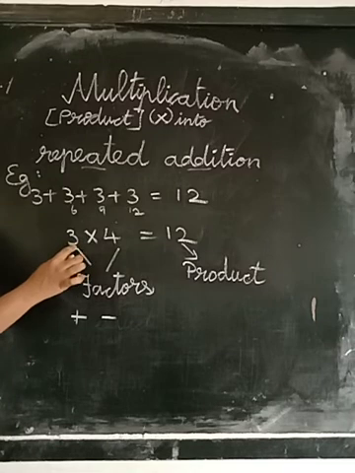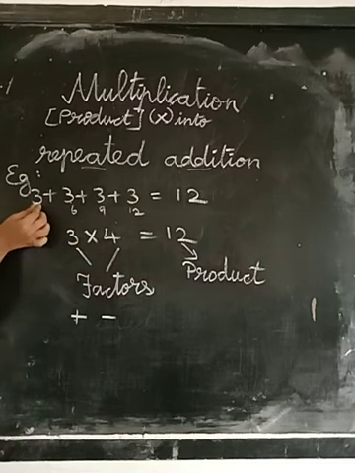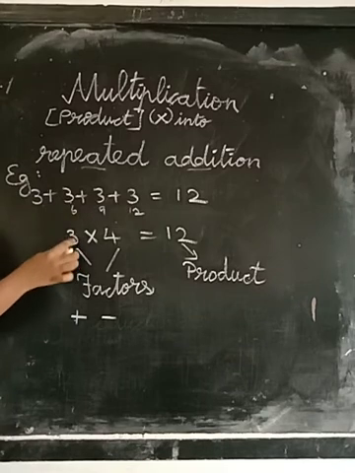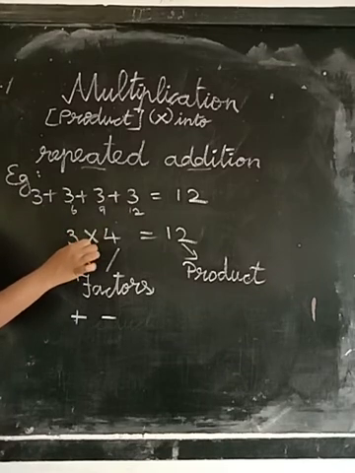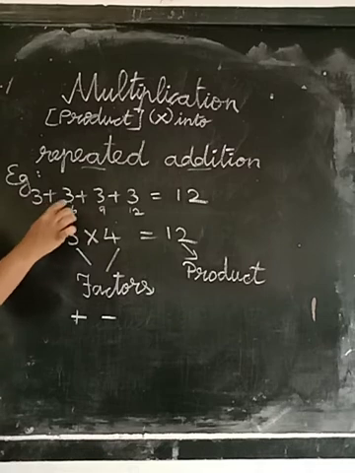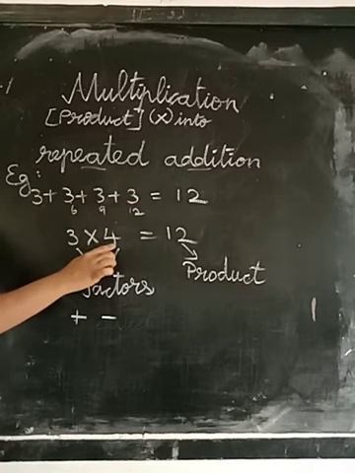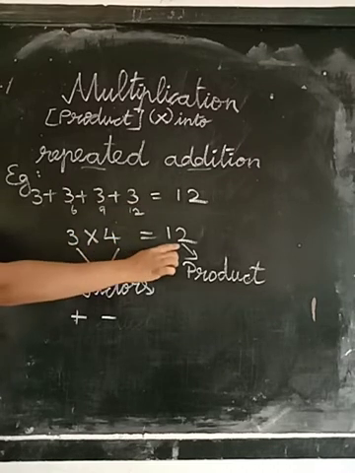First you write the number, which is 3, then put the multiplication symbol, and then how many times it has been repeated: 1, 2, 3, 4. So 4 times. The answer is 3 4s are 12.